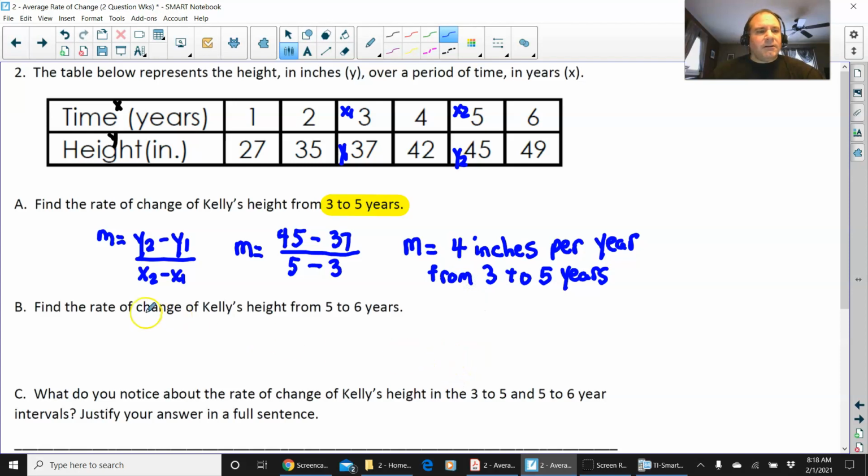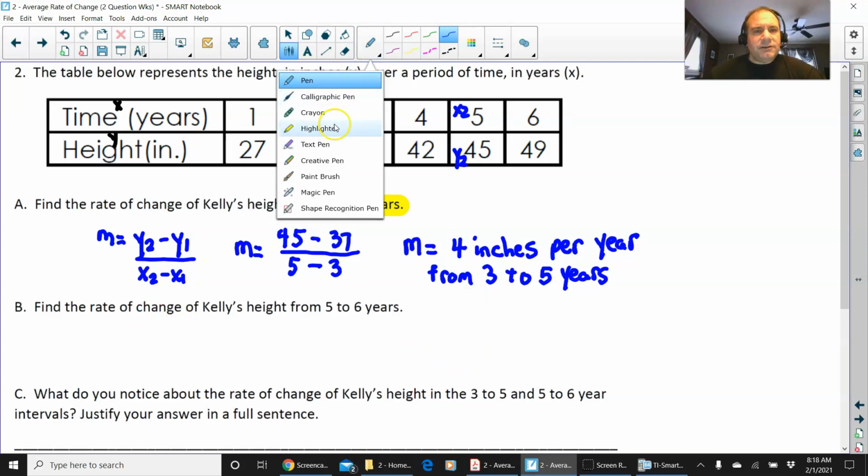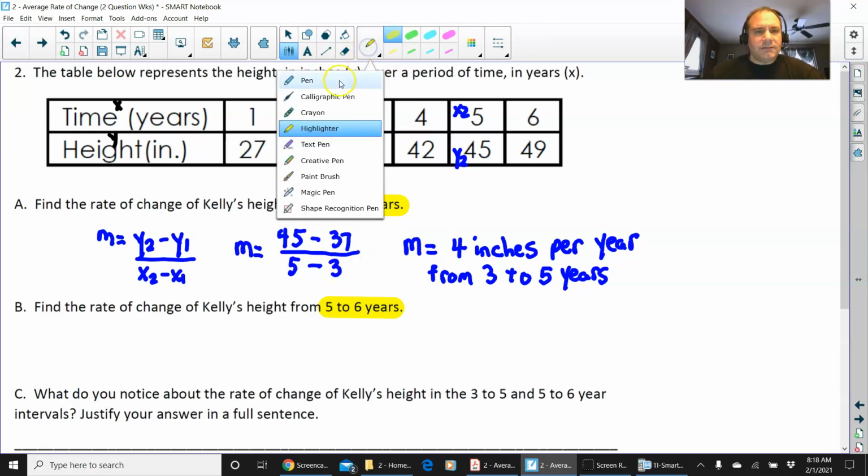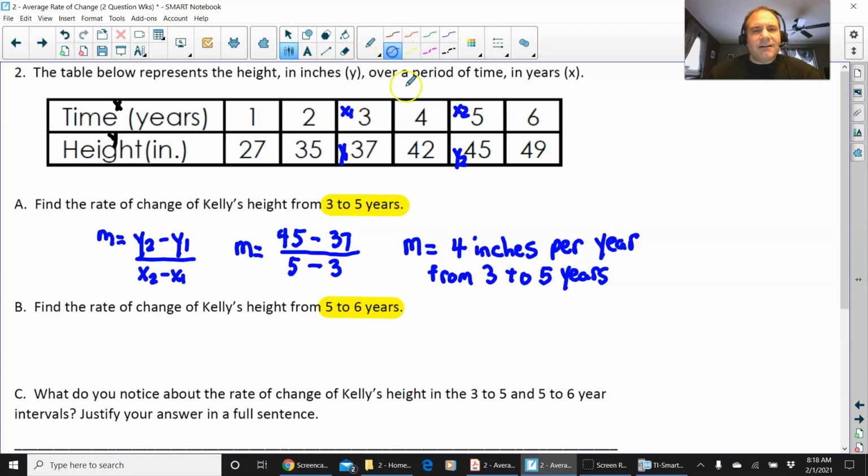That's it. All right, find the rate of change, going on to the next one, of Kelly's height from 5 to 6 years. Now, instead of using these points as my x1, y1, x2, y2, I'm going to go 5 to 6 years. So this is my x1, this is my y1, this is my x2, this is my y2.